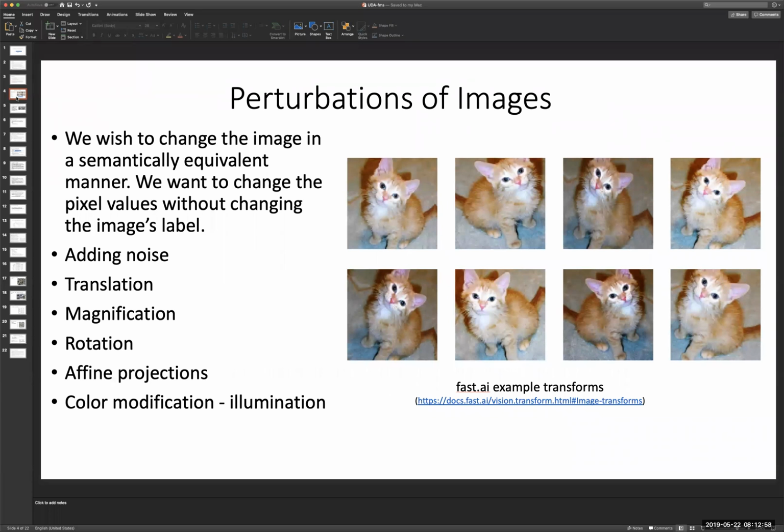So here is a very concrete example of perturbations of images. And this is from FastAI. FastAI has the ability to do perturbations within its software, and it's well integrated into the training process. So here's a link to FastAI's image perturbations.